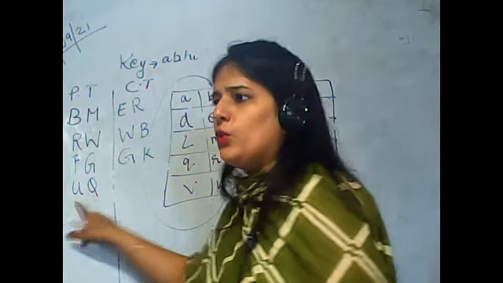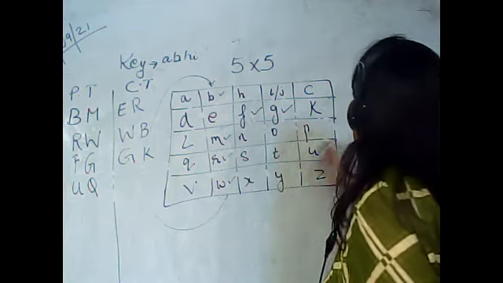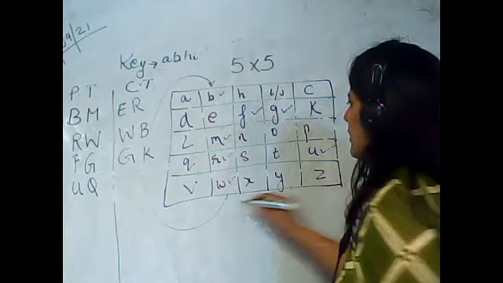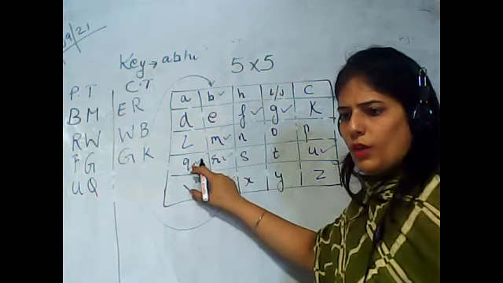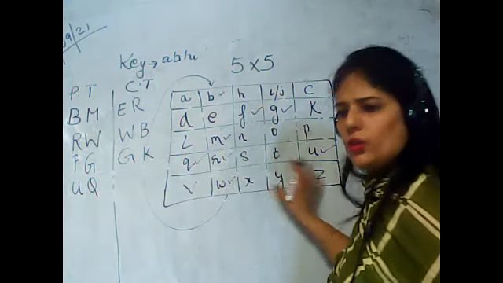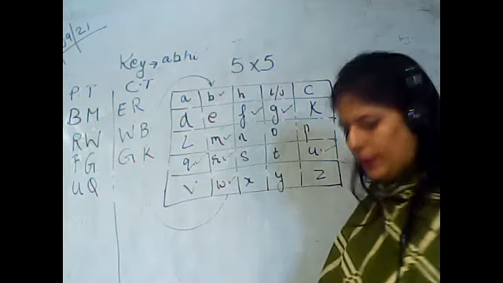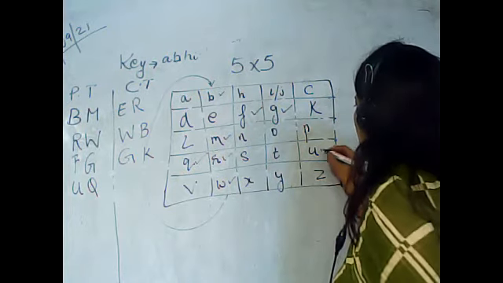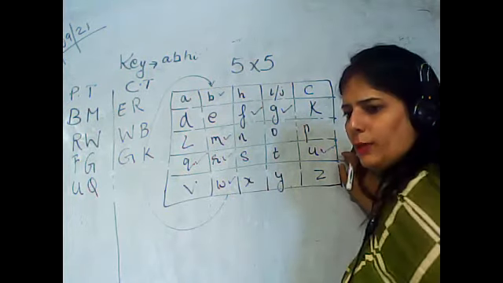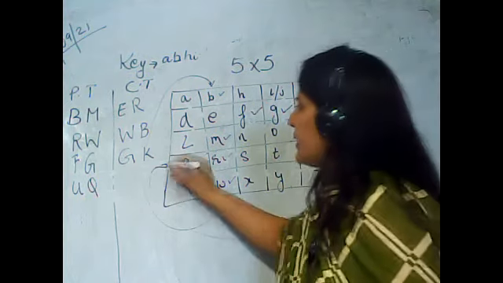So you are having U and Q here. U and Q both belong to the same row. Now after this U, we are not having any alphabet here because our matrix ends, so it will refer to this particular element.